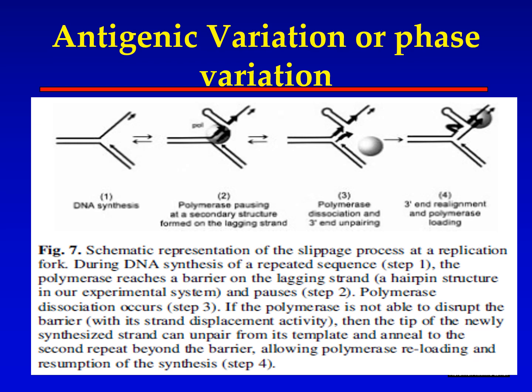This process is called antigenic variation or phase variation, and the important virulence factors that undergo this process are pili, lipooligosaccharide, and opacity proteins.